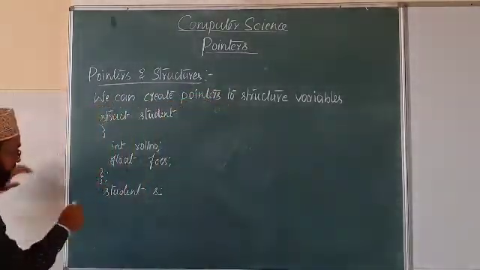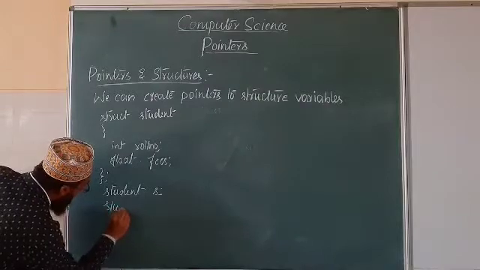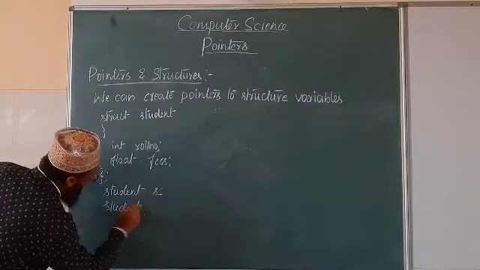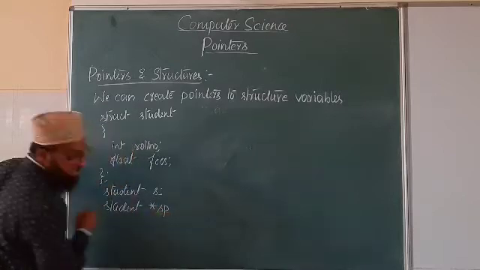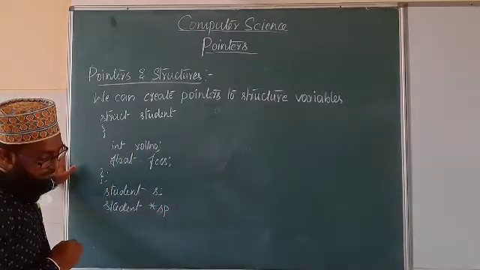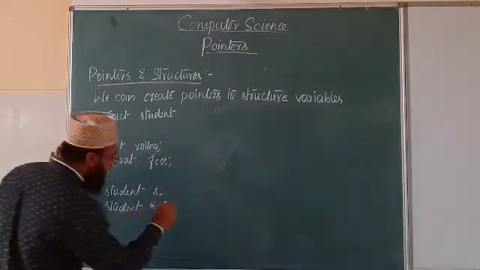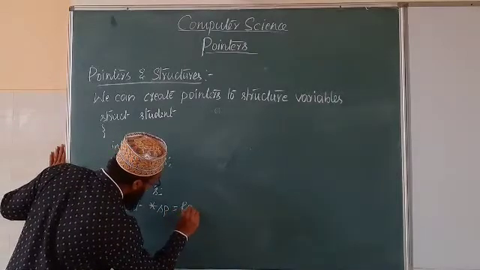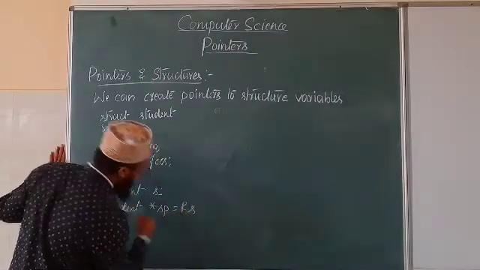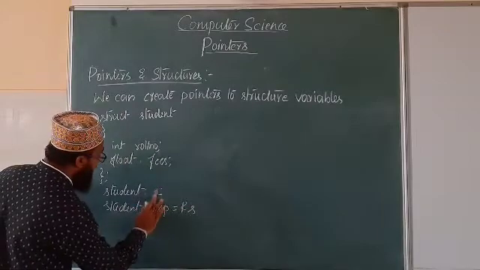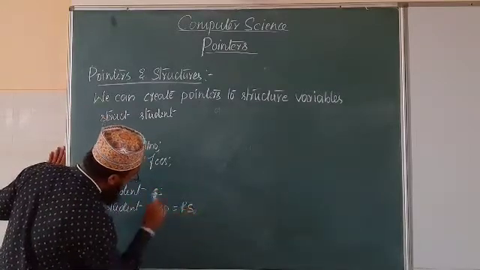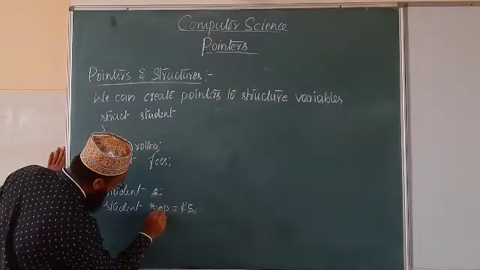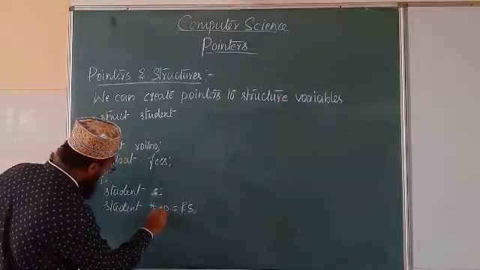Now we have to use pointers with structures. How will we use pointers here? Take student, then use the pointer, call it sp, and assign it the address of s. This is a small s, not the big one. Write it like this: student *sp = &s.